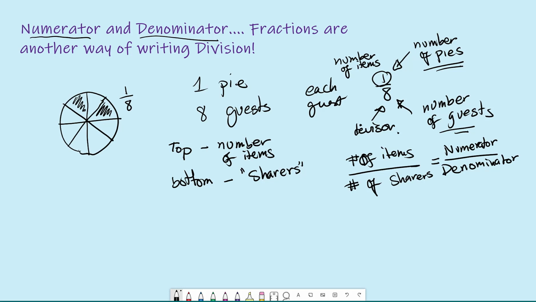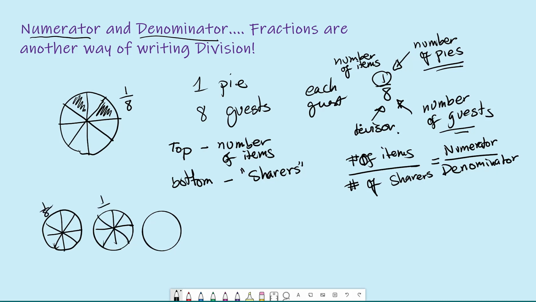Now, what happens if we have 3 pizzas or 3 pies that we are dividing among our 8 guests? Well, then we can go ahead and start dividing all these into 8 and adding up the fractions, right? Each guest will get an eighth of a pie from each one of these pies.